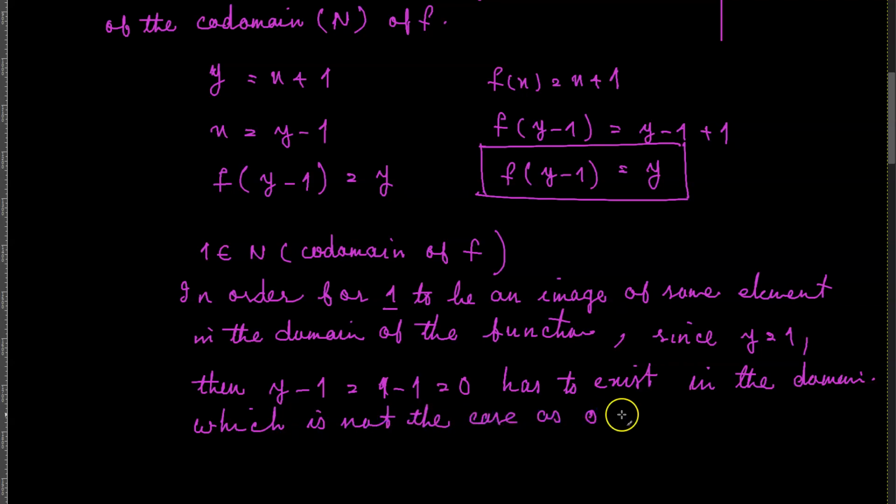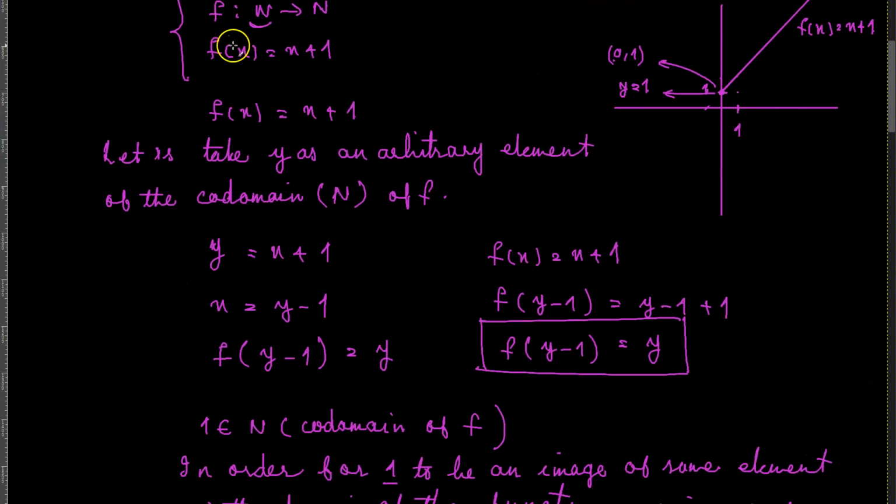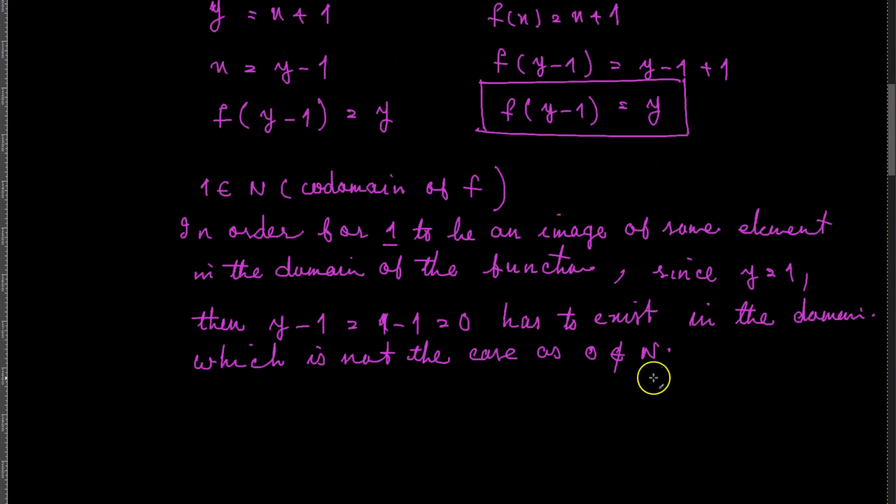As 0 does not belong to the set of natural numbers, and you see that the domain of the function is the set of natural numbers here, and therefore f is not onto, right? Therefore f is not onto.